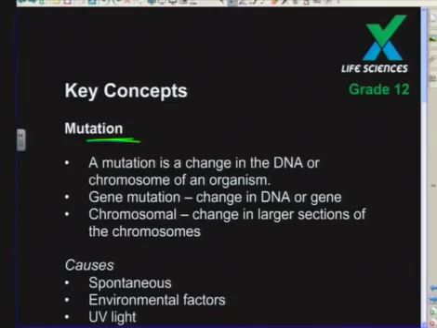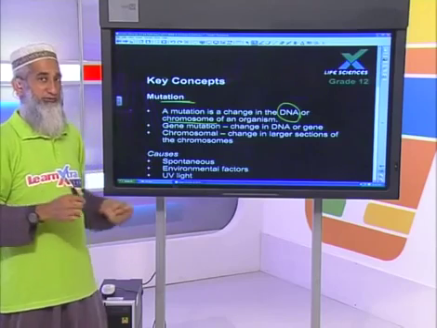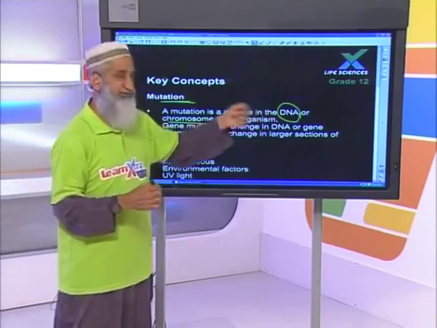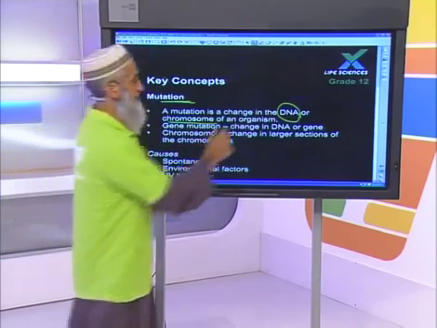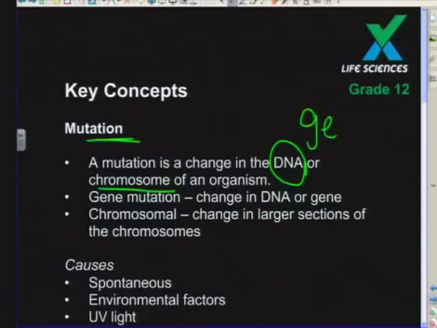So first of all, it can happen in a DNA, or it can happen in a chromosome of an organism. If it happens in a chromosome, it's called a chromosomal mutation, or a chromosomal aberration. Big word. If it happens in a DNA, it's called a gene mutation.